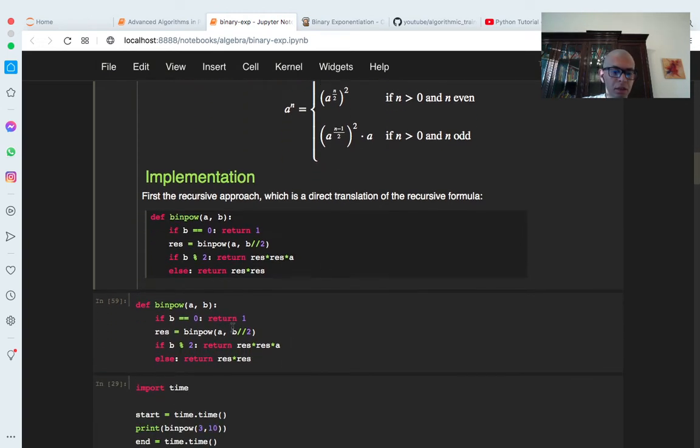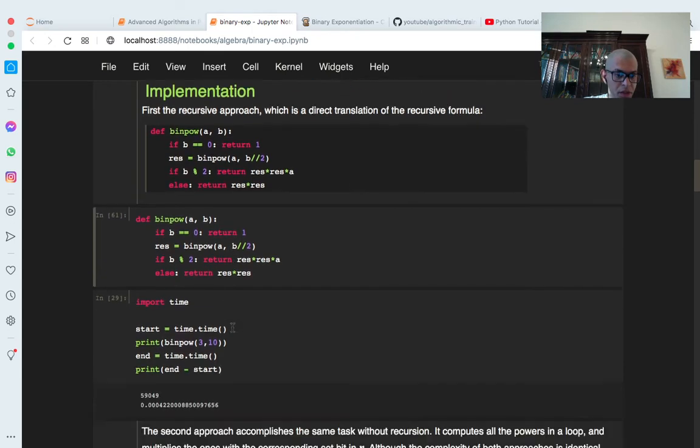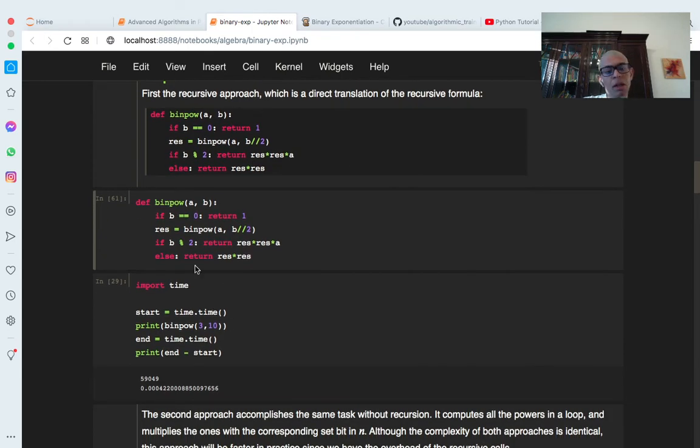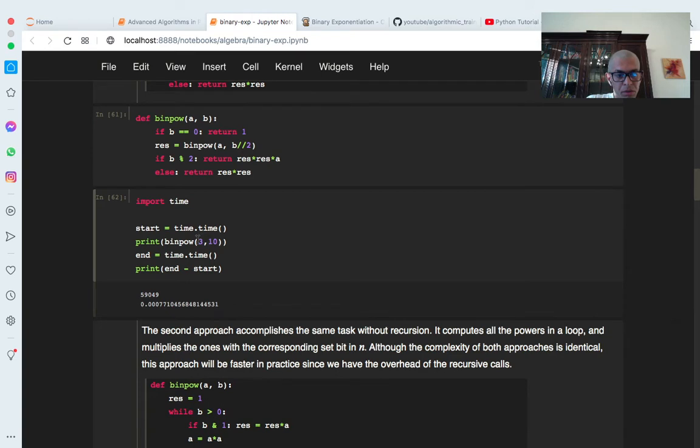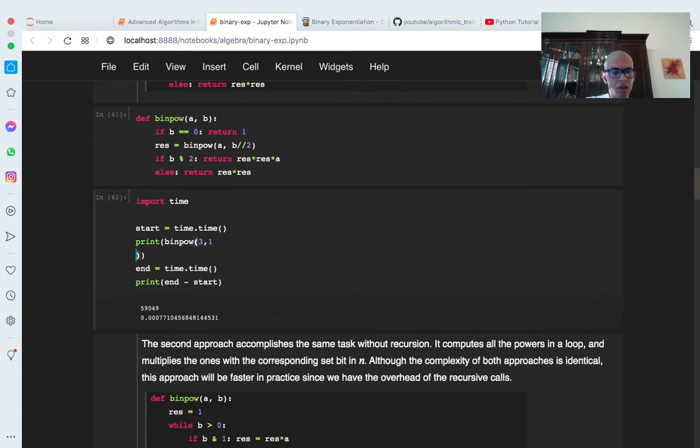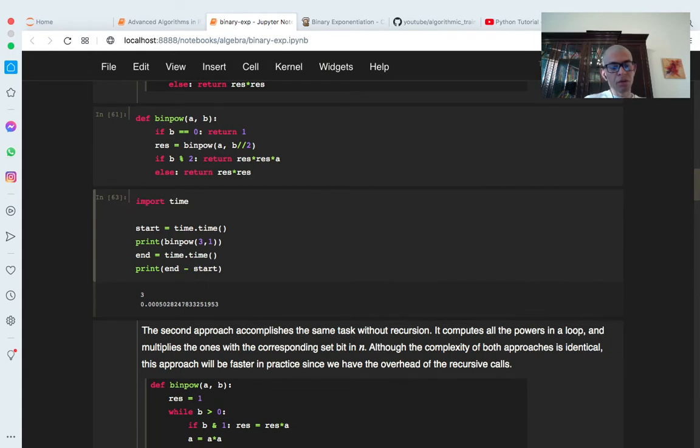Let's see what it will give us. Here we have some timing just to calculate, and here we'll just calculate the power of 3 to 13, 3 to 32, 3 to 33, and we have our value in here.